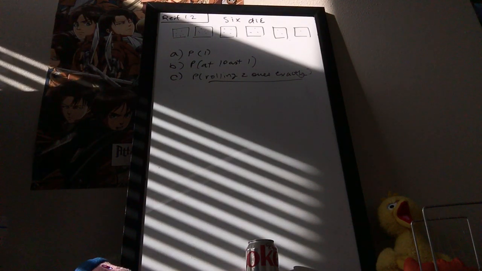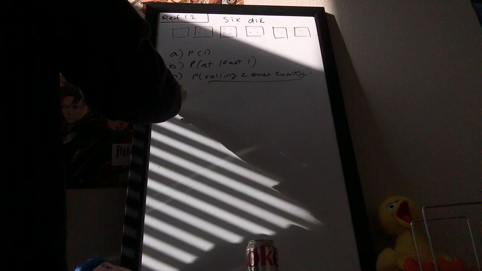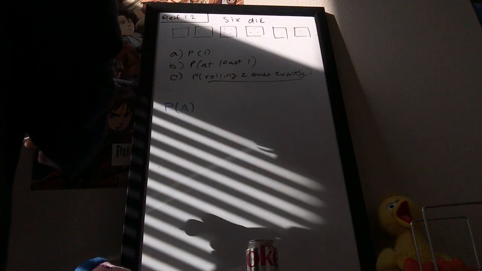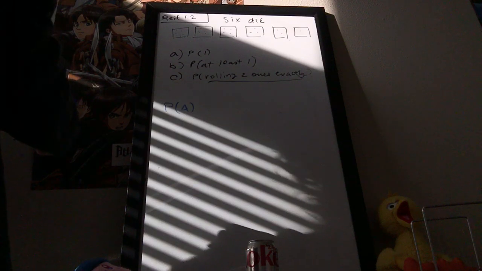Because you know you're going to roll exactly 1 of them at a minimum anyway, right? So when we do that, we get that. So let's say that, let A be an event where we roll an ace. Right, so we just call that A.